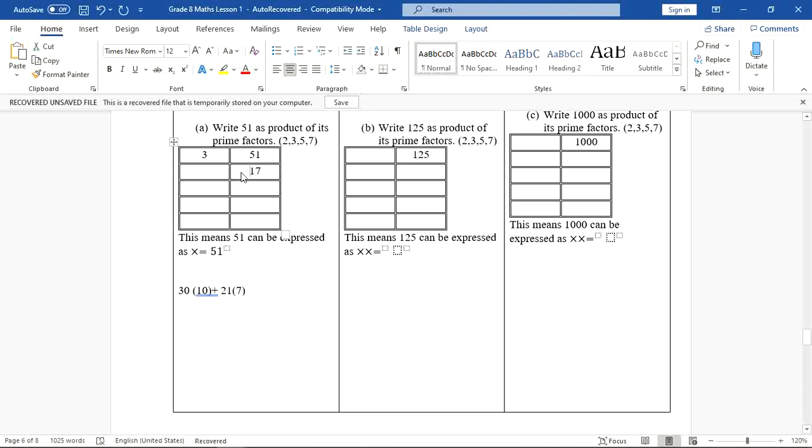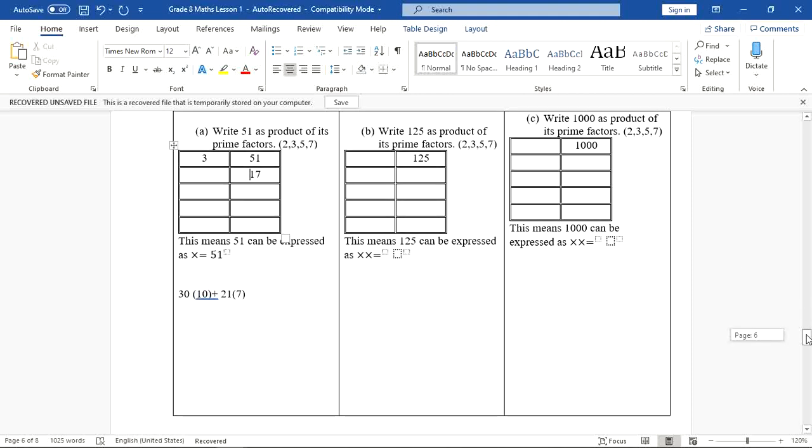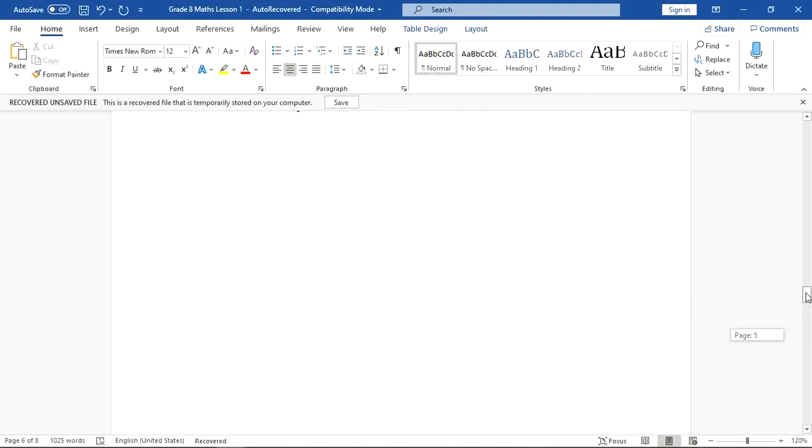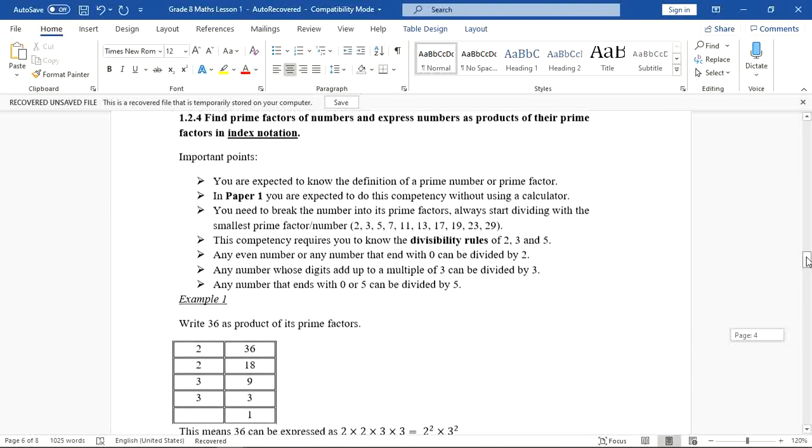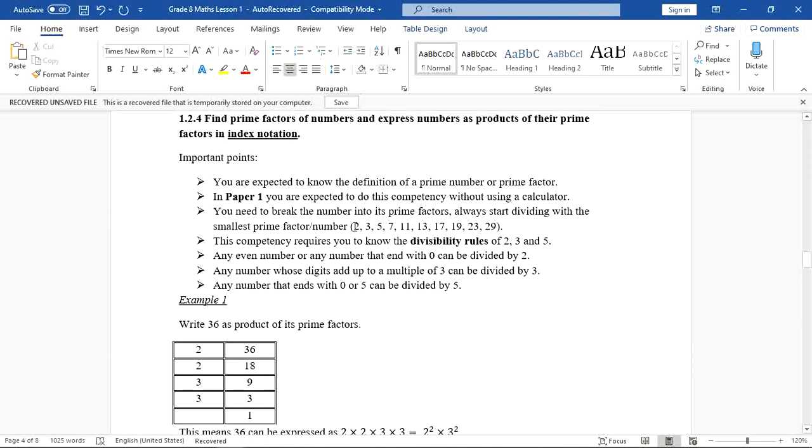Now we need to find the smallest prime factor that can divide into 17. But we know that 17 is also a prime number. It has only 2 factors, so we know it from the list that we listed the other day. 17 is right here. So 17 can only be divided by 17 or by 1.